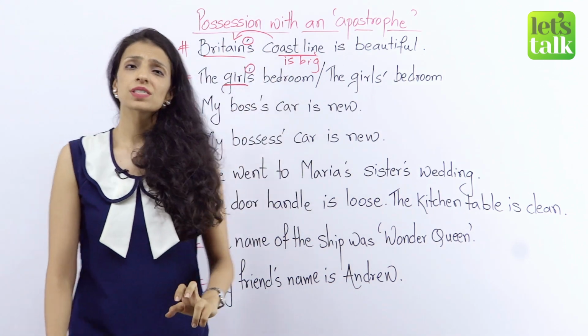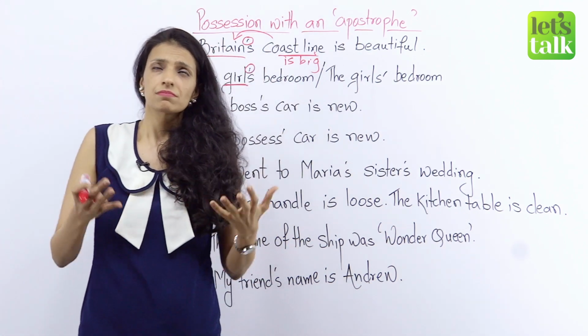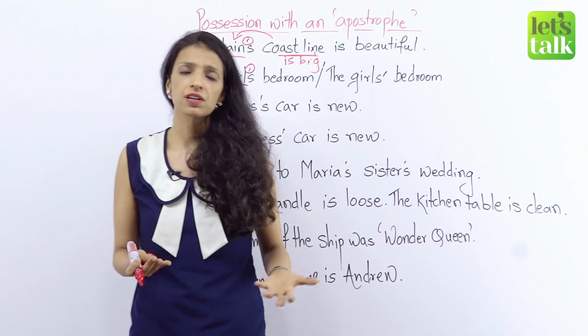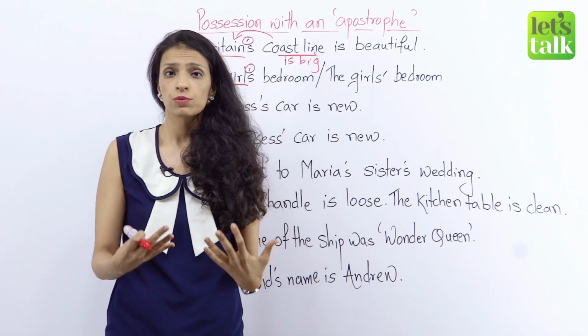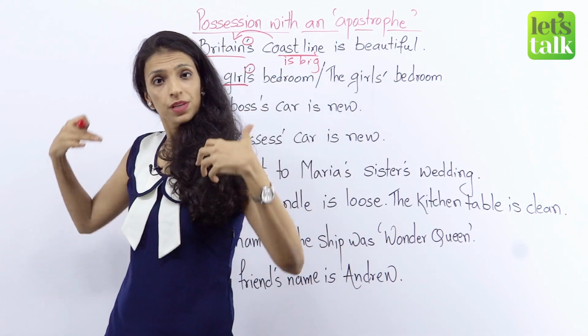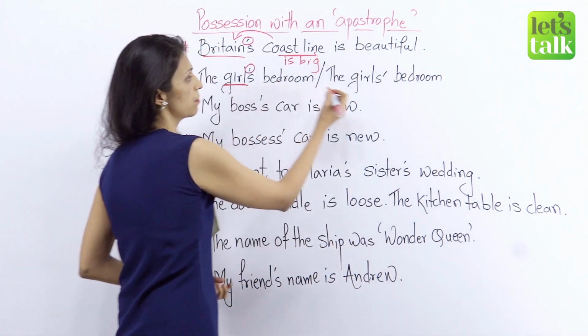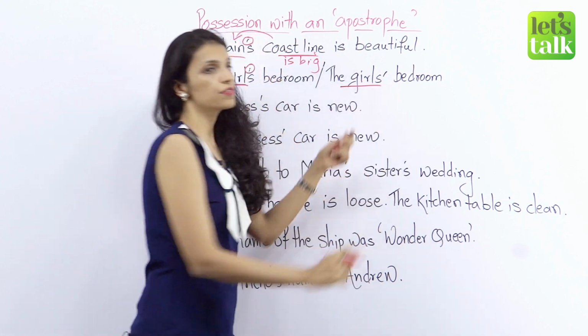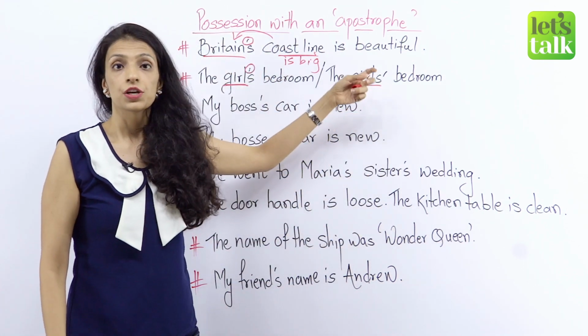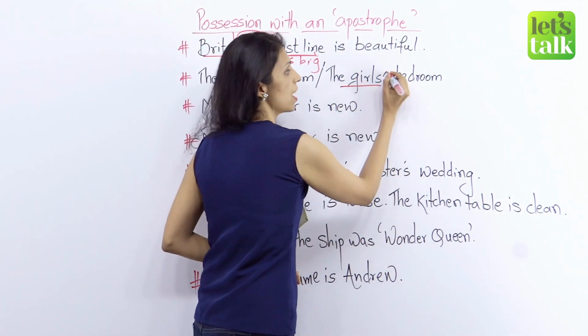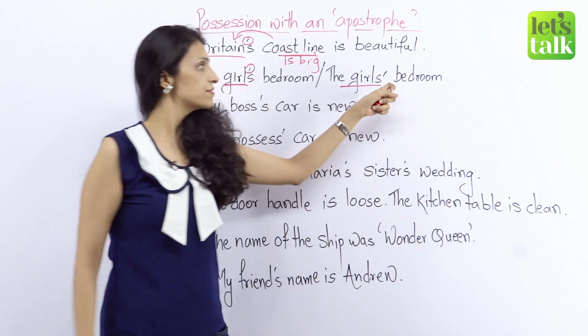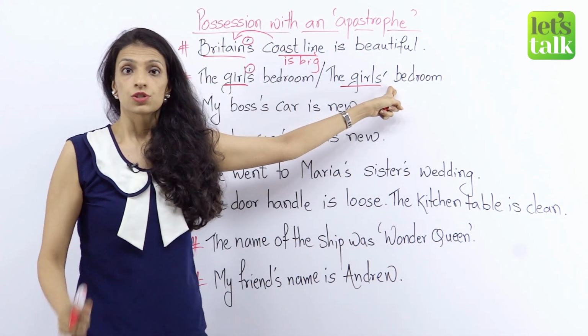But now supposing many girls, about 4 to 5 girls, share a bedroom, and I want to say their bedroom, the bedroom that belongs to them. So I'm going to put girl in plural. You have girls. You will put an apostrophe after the S, like I have done here. So get the difference.